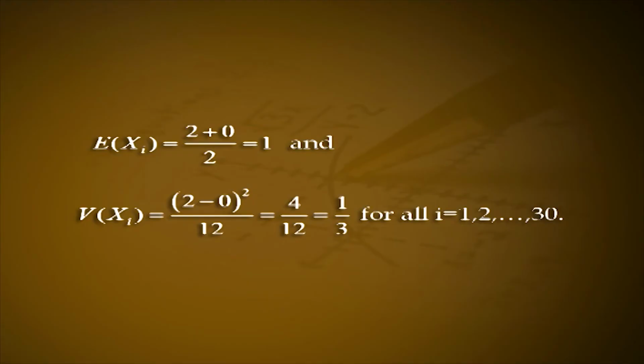Since it is a real number randomly drawn from 0 to 2, Xi follows rectangular distribution over 0 to 2. Hence, expectation of Xi equals (2 plus 0)/2, that is 1, and variance of Xi equals (2 minus 0) squared/12, that is 4/12, that is 1/3, for all i equal to 1, 2, etc.